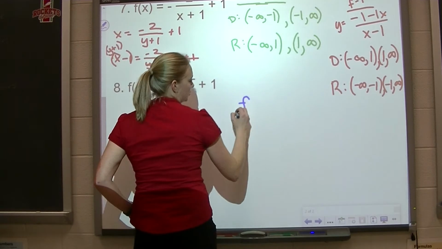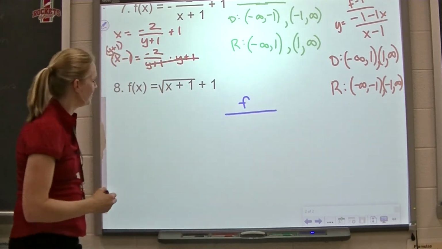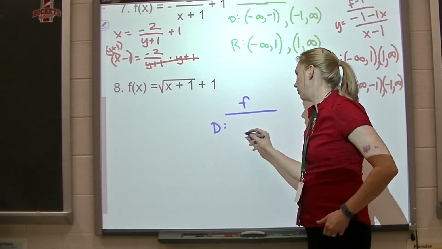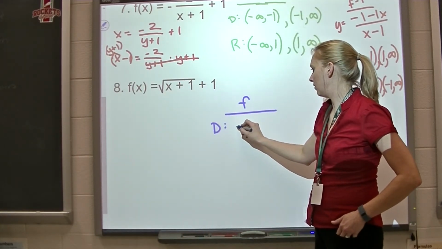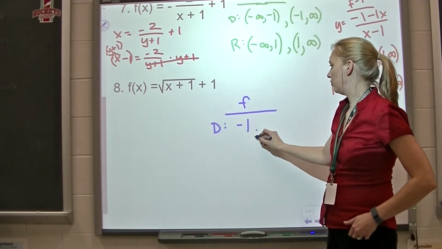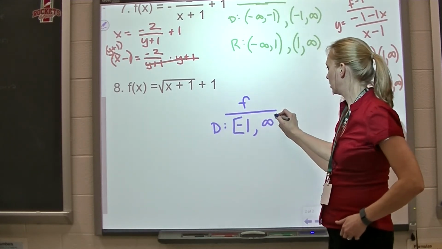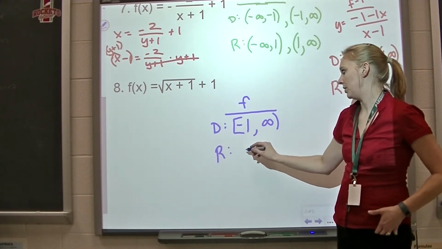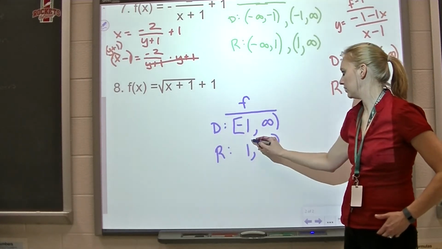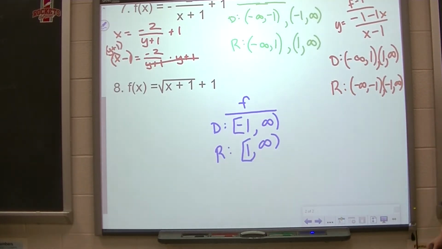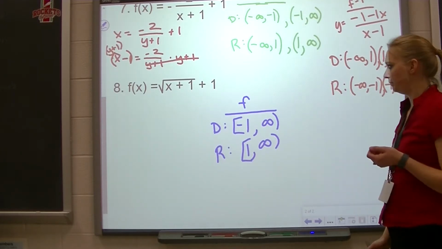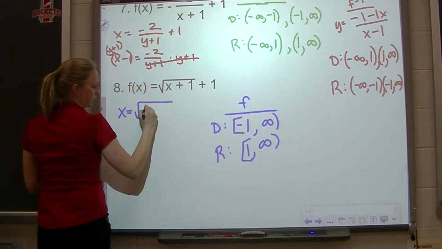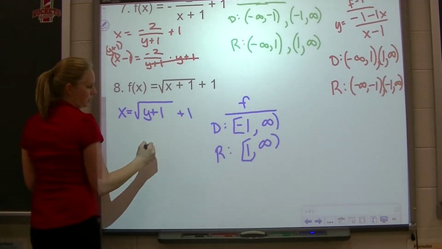So for this function, our domain is going to be negative 1 to infinity, and that's including negative 1. And our range is going to be 1 to positive infinity. And you could graph it and figure it out that way. And so let's find the inverse. So it's going to be x equals the square root of y plus 1, plus 1.